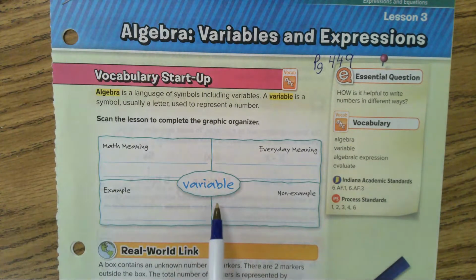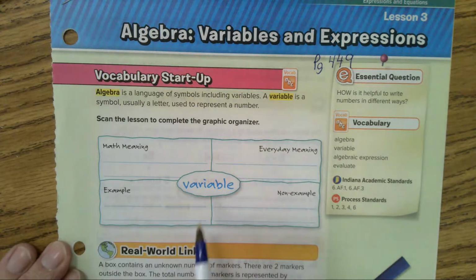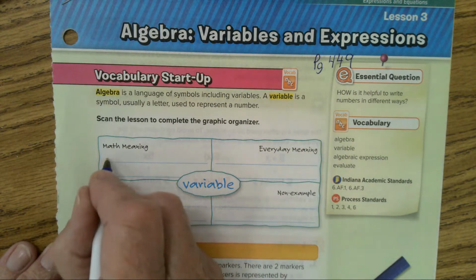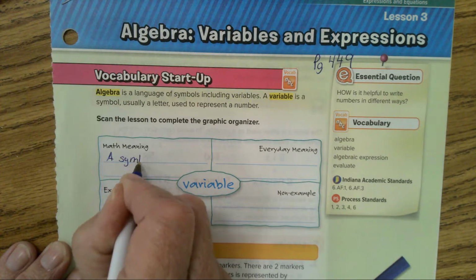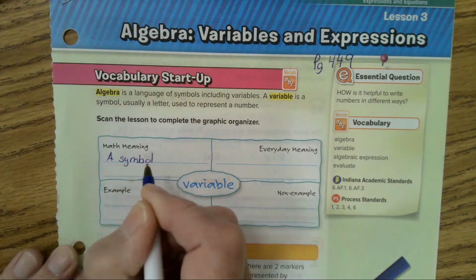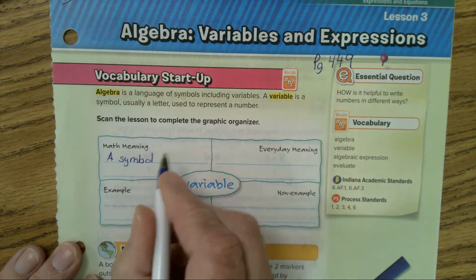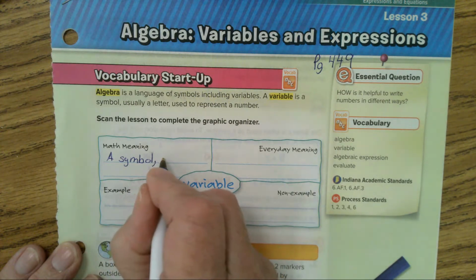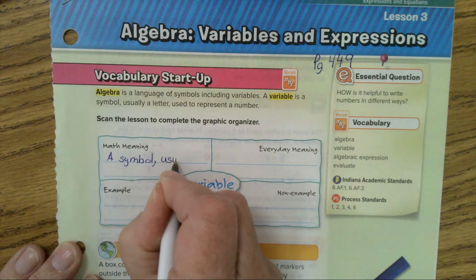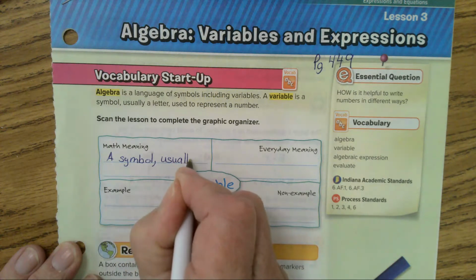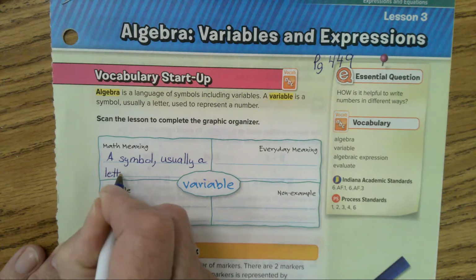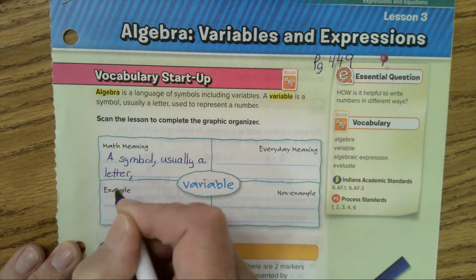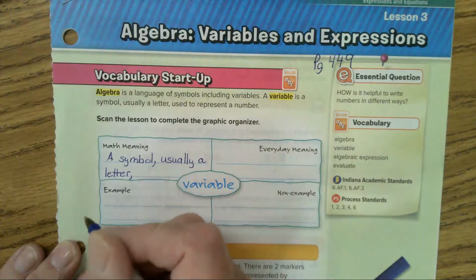Variable. Well, the technical math meaning of a variable is, and please write this down, a symbol usually a letter to represent a number.